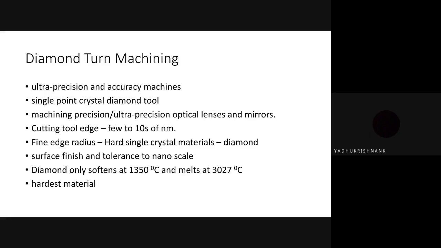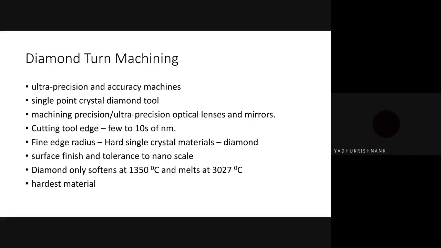And why are we using diamond as the tool material? Because the diamond softens only at a temperature of 1350 degrees Celsius.